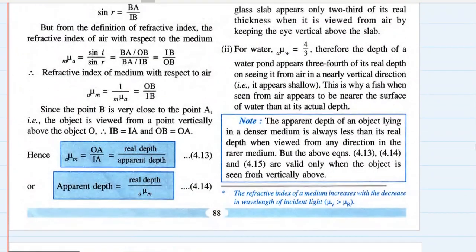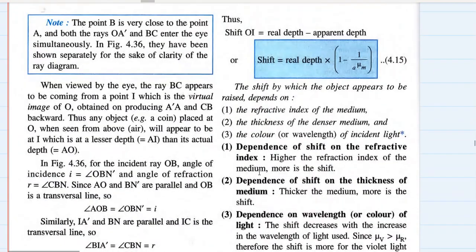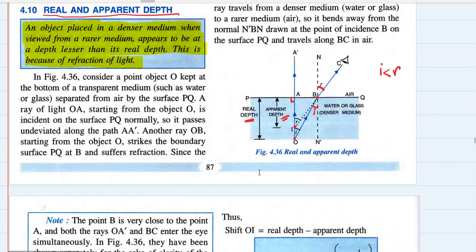Okay. So there is this derivation which I'm going to explain very slowly, because first of all, it's not part of your syllabus.